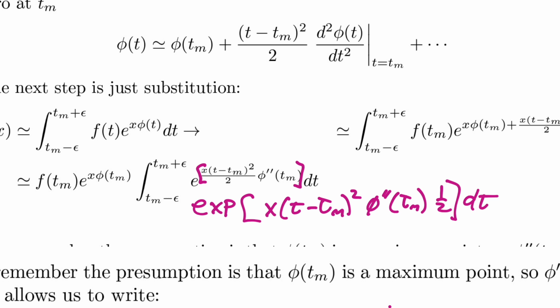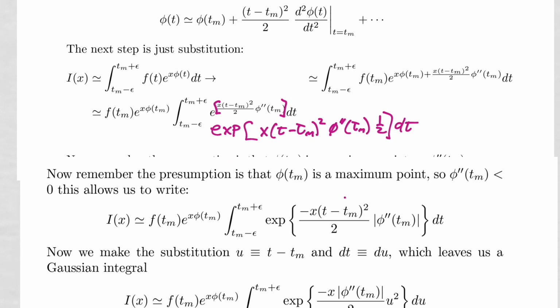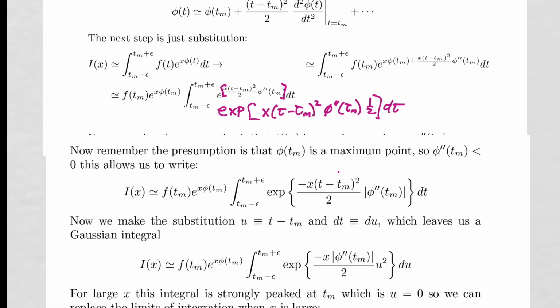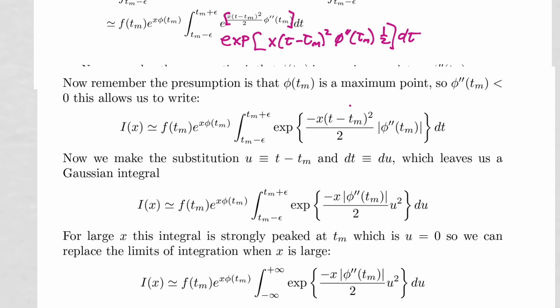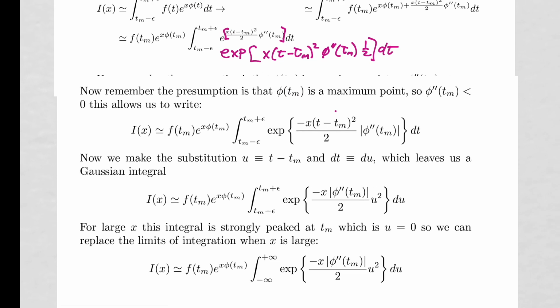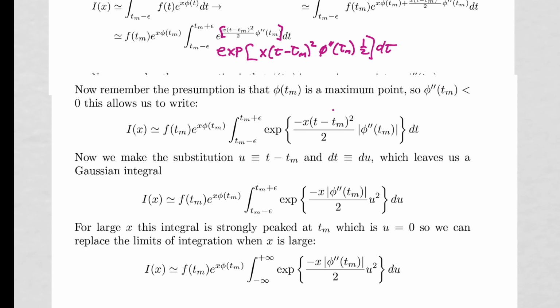Okay, but with this, we can now just do a change of variable to make it look literally like a Gaussian. But we know a few things. One is we know that given that we're working at a maximum point, the second derivative is going to be less than 0, right? It's going to be negative.